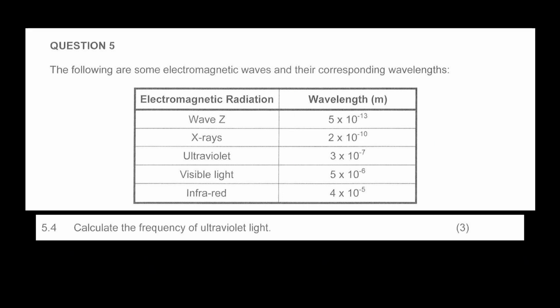Question 5.4. Calculate the frequency of ultraviolet light. This is a 3-mark question. The wavelength of UV radiation is given in the table as 3 multiplied by 10 raised to the power of minus 7.